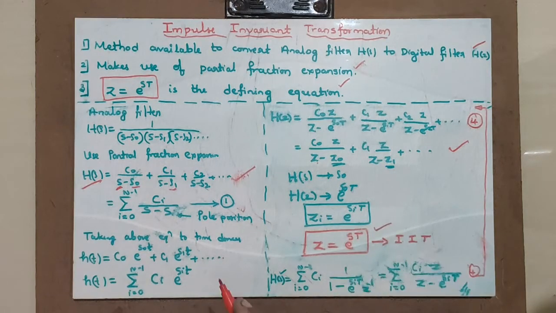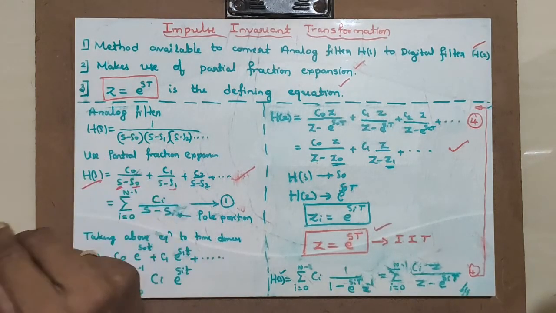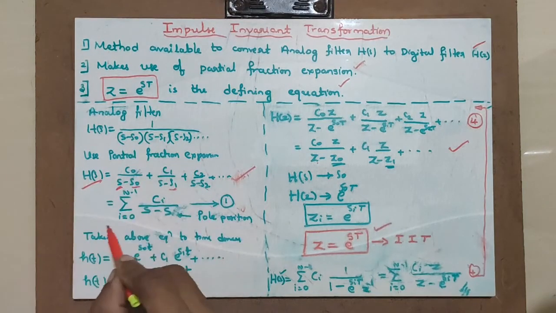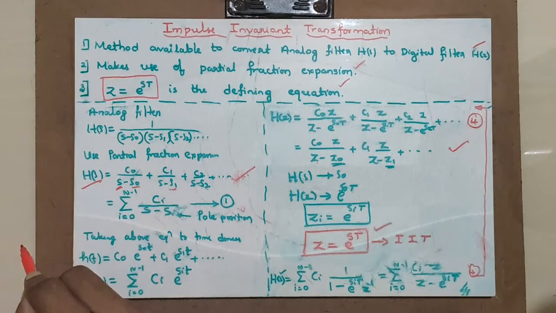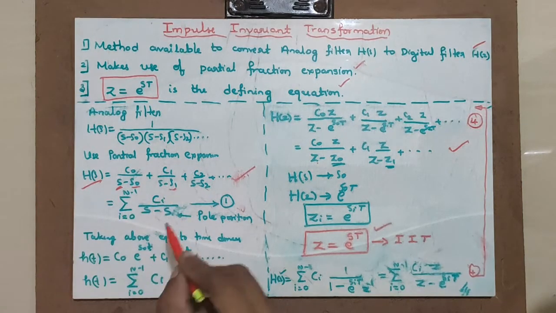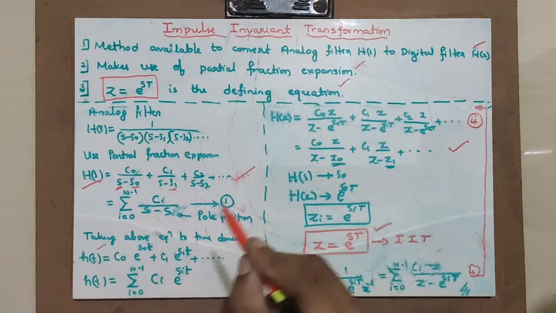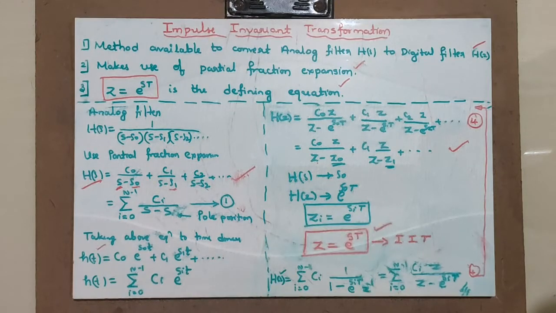How I derived it? I started with the analog filter, which was given by 1 divided by s minus s0, s minus s1, s minus s2. Then used partial fraction expansion, c0 divided by s minus s0 plus c1 divided by s minus s1. Okay, and took that equation to time domain so as to find h of t, and I sampled it with t is equal to nT.